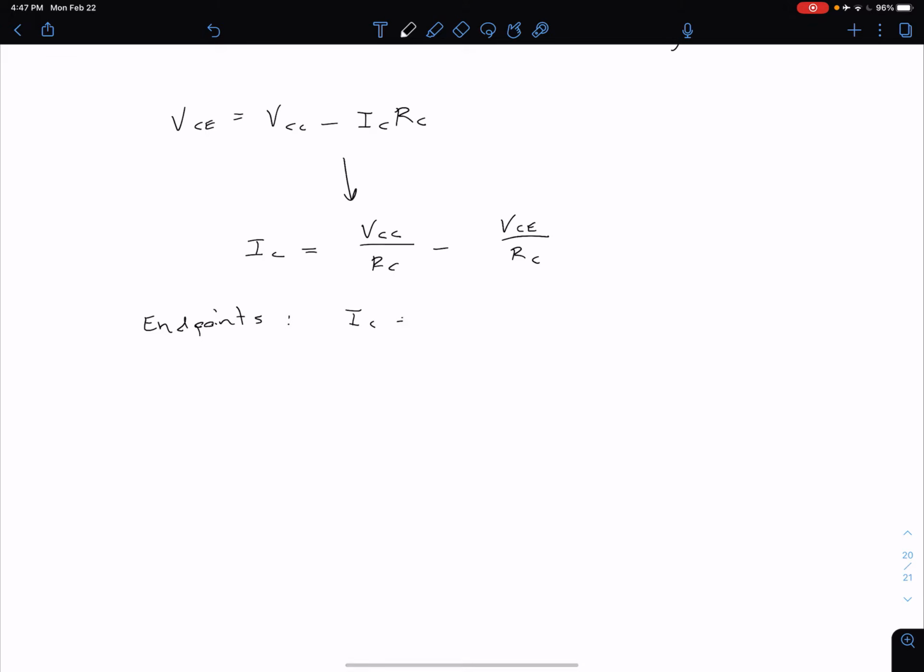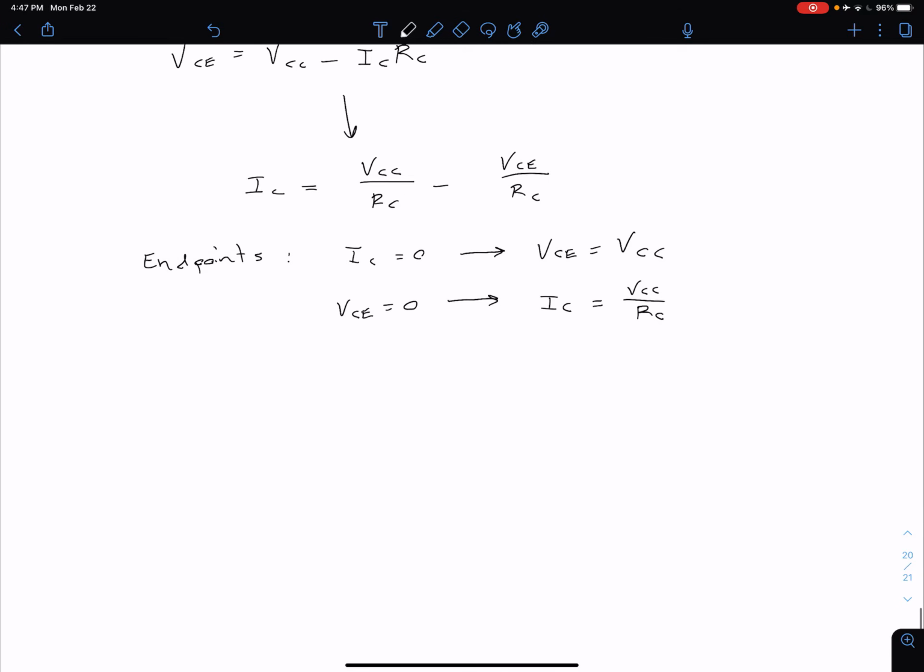If IC equals 0, we end up with VCE equal to VCC, and our other endpoint is if VCE is equal to 0. In that case, our IC is equal to VCC over RC.